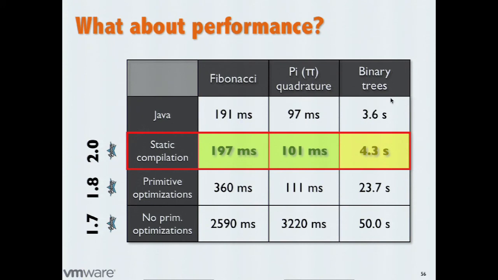So there are still some cases where, perhaps in Groovy 2.1, we'll be able to squeeze out some further performance, because perhaps we still have some redundant bytecode instructions and that kind of thing. But generally speaking, the goal is to be just as fast as Java for those parts which are statically compiled.